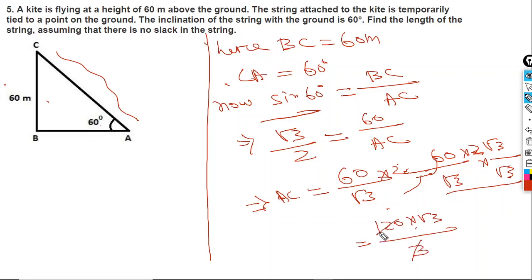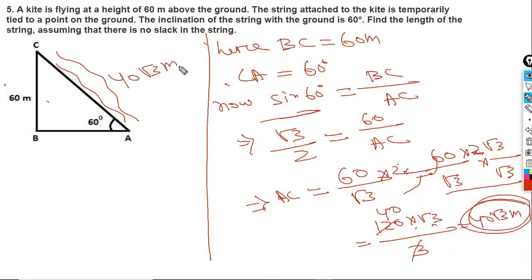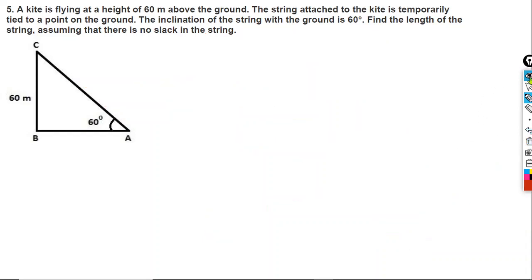Now cancel it, 40, which will be equal to 40 root 3 meter. So length of AC or length of the string is 40 root 3 meter. Okay, so this is the solution of question number 5. Now we will move to question number 6.